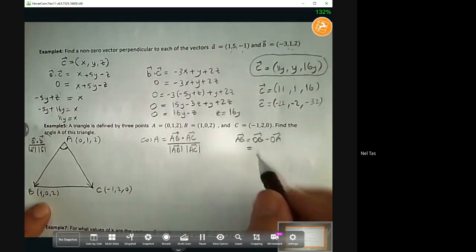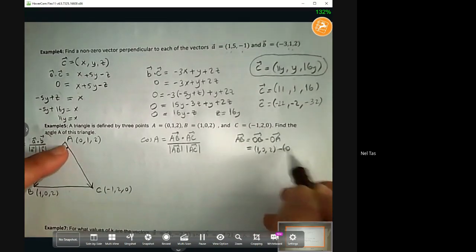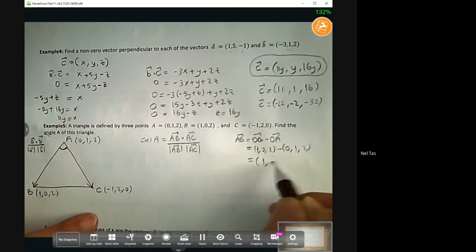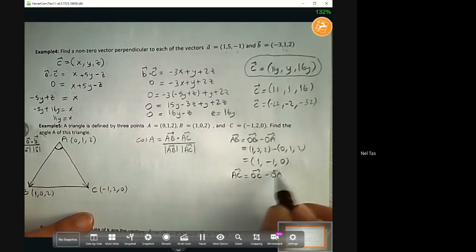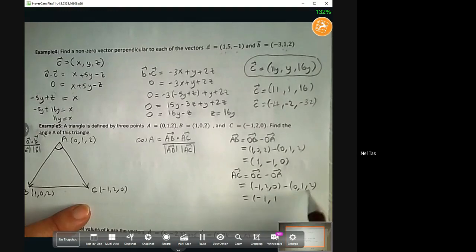Okay, so 1, 0, 2 minus 0, 1, 2 is 1, negative 1, 0. Okay, let's calculate the AC vector. So that is OC minus OA, negative 1, 2, 0 minus 0, 1, 2. So negative 1, 1, and negative 2.